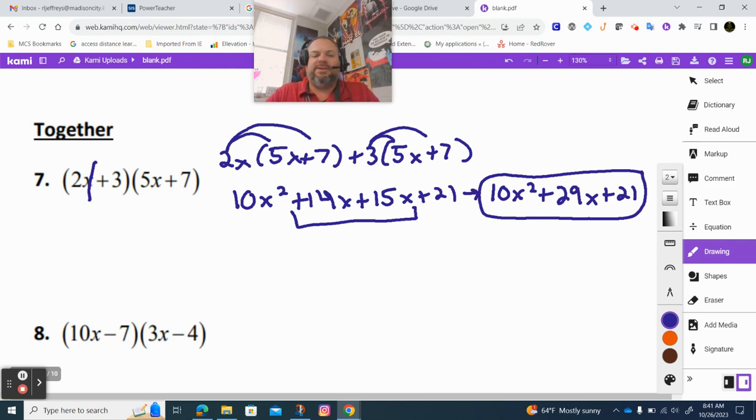It's really nothing different. It's the same process, just with different numbers.